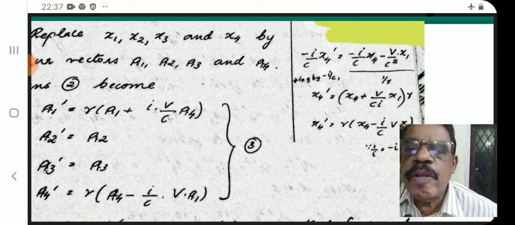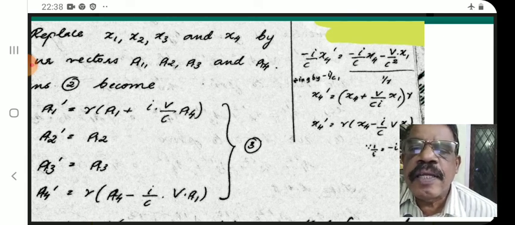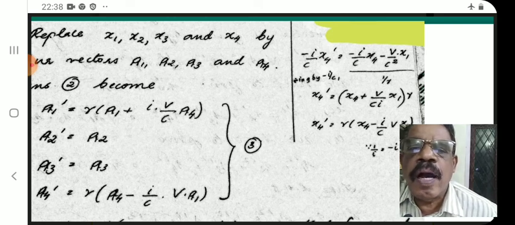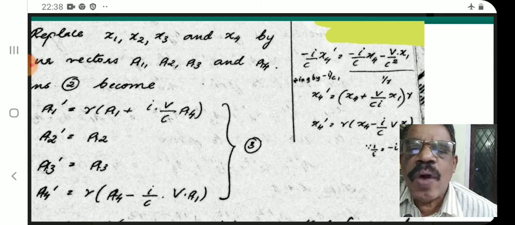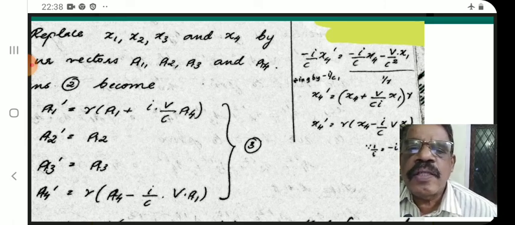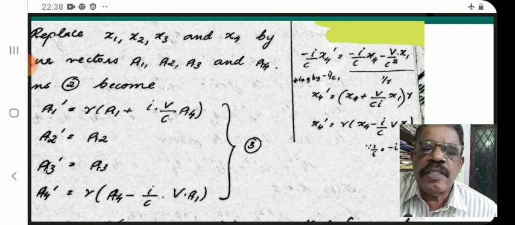So the first term will become x4 dash, the second term will become x4, and there is gamma outside, and the second term will be on the RHS. Since we divide by minus i by c, c will cancel, i will come in the denominator, and we get a plus sign.